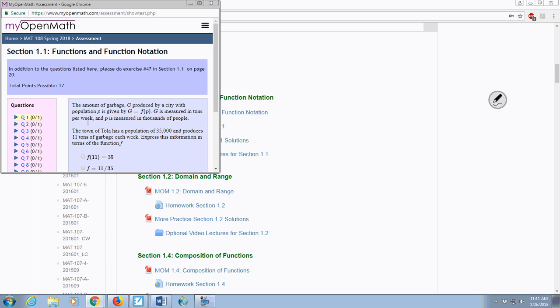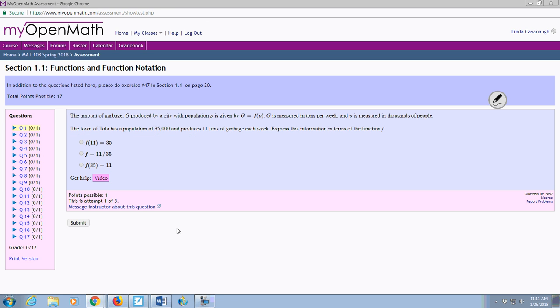There was not a problem like number 47 in this online homework, and it's in the textbook, so I will often do that. Make sure you check, and look where I put it also. It says it right up here: in addition to the questions, do 47 in the textbook.